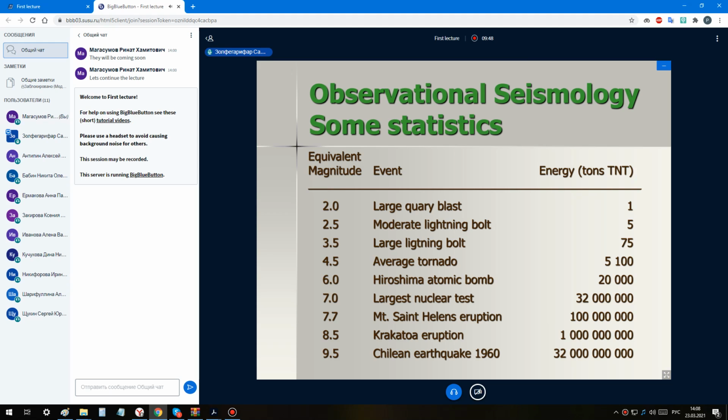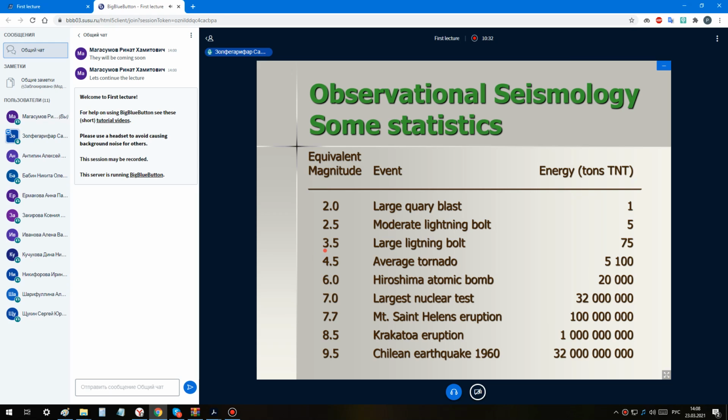And for magnitude 9.5, which occurred in the Chilean earthquake of 1960, this is equivalent to around 32 billion tons of TNT energy, as shown in this table.